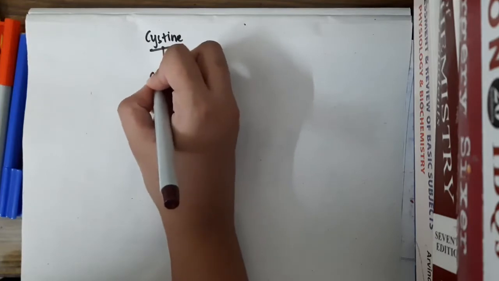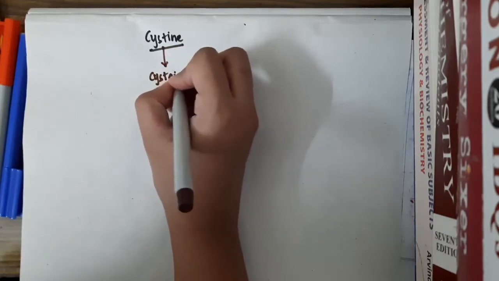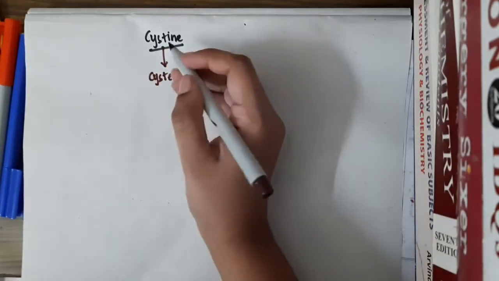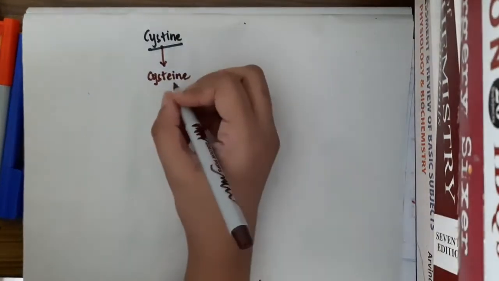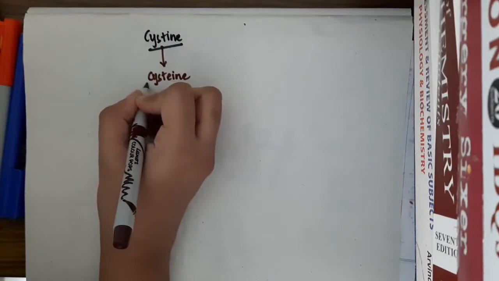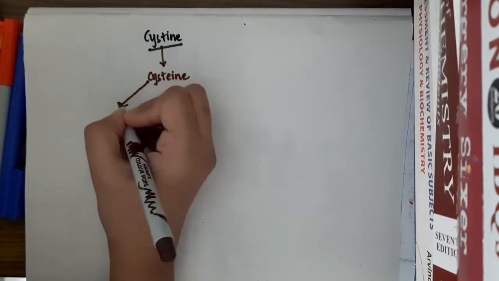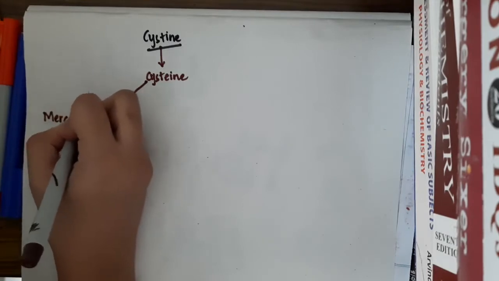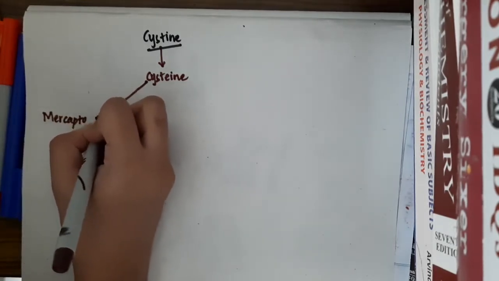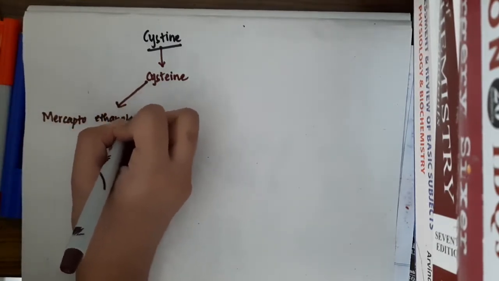This cystine gets converted to cysteine in the presence of cystine reductase. This cysteine in the presence of decarboxylase gets converted to mercaptoethanolamine.